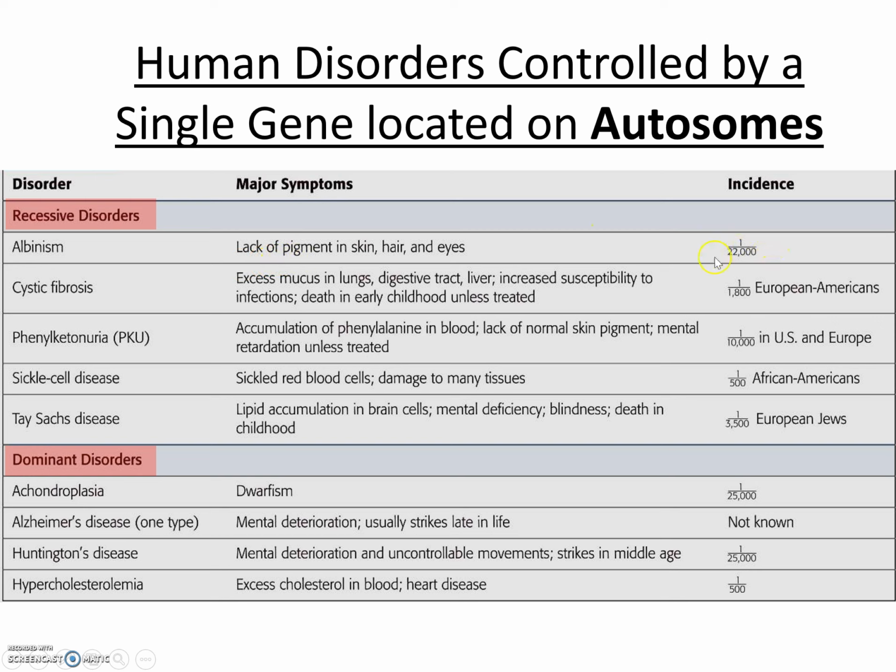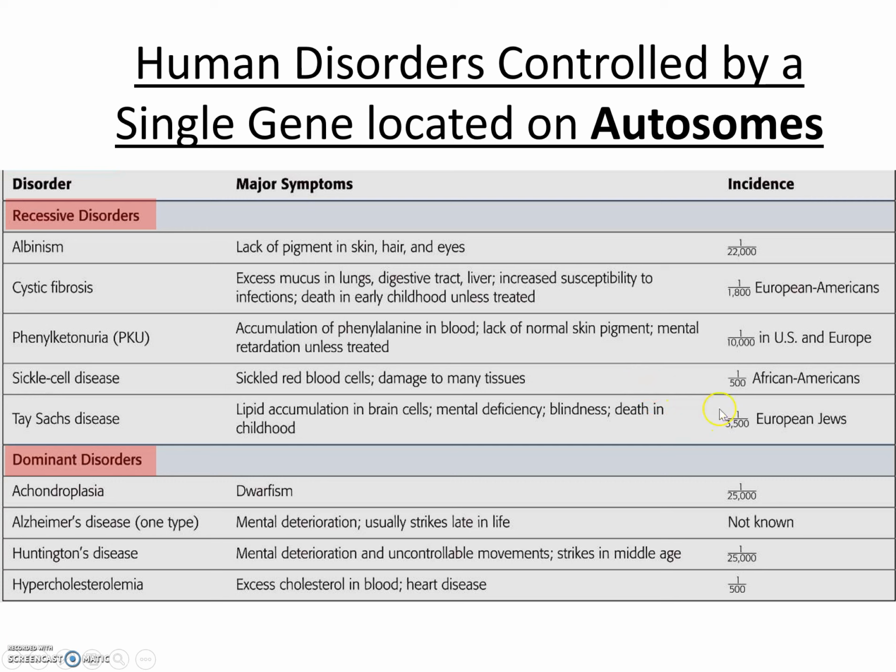And look at that, 1 in 22,000 births actually produces an albino child. You look at cystic fibrosis or sickle cell disease. These are also found in certain proportions in our population and are actually found much more probably in different populations of people that are out there.